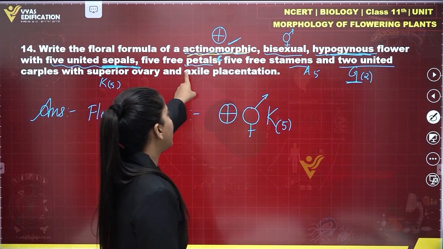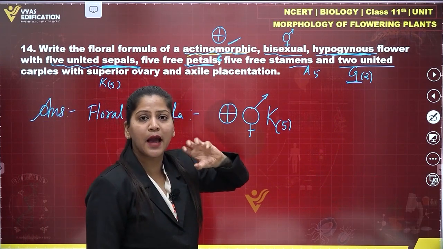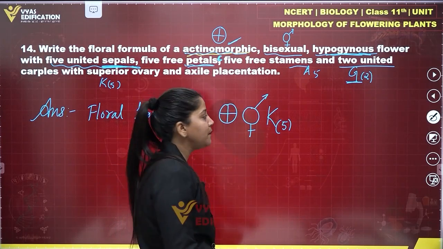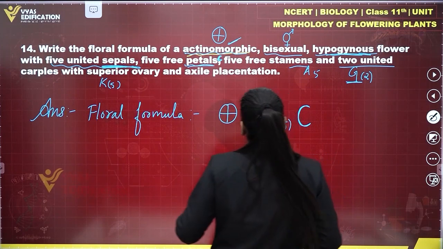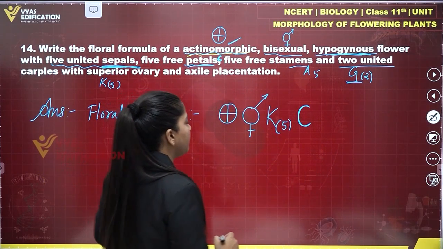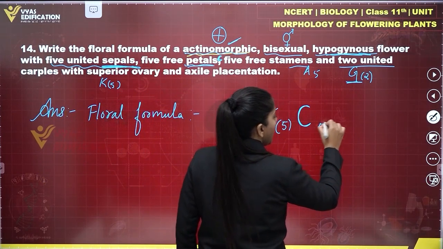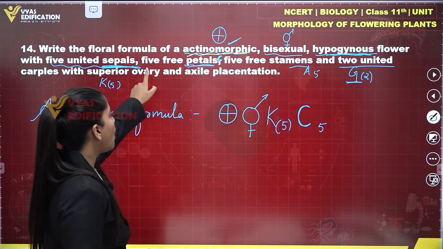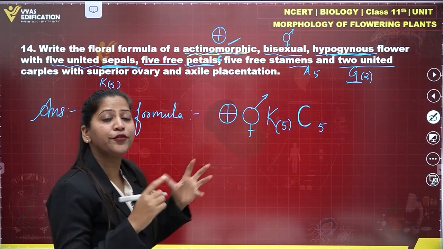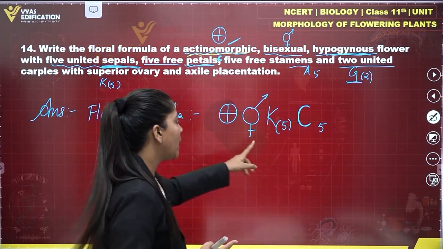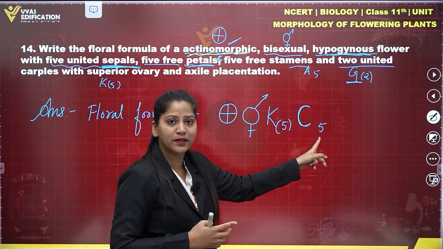Then we have petals, which are represented as capital C because they have another name, corolla. Corolla or petals are also 5 in number, so we'll write 5. But they are not united, not fused with each other, they are present freely and separately. So we are not going to make any bracket over this 5.